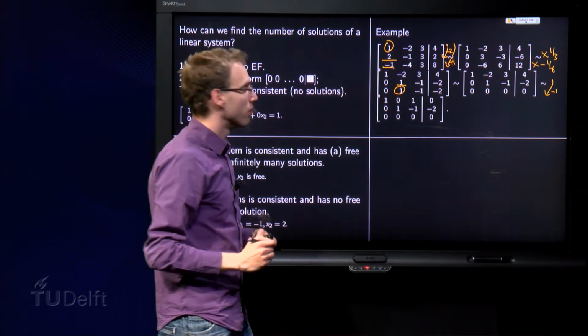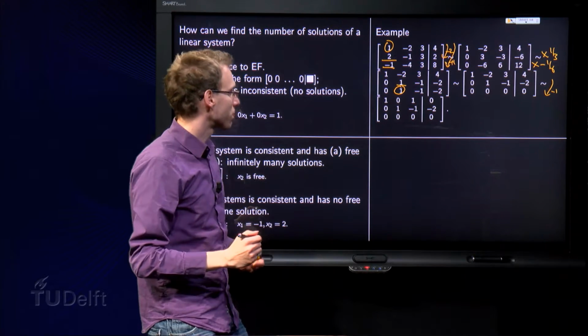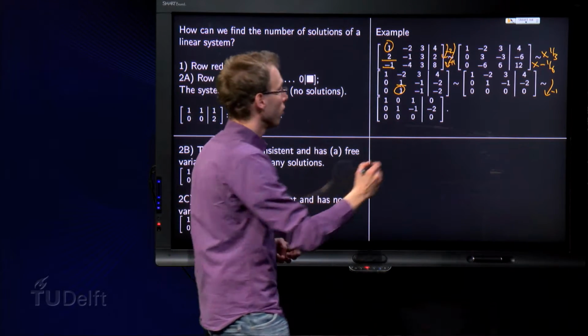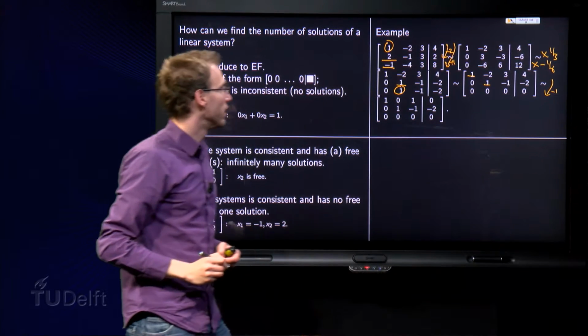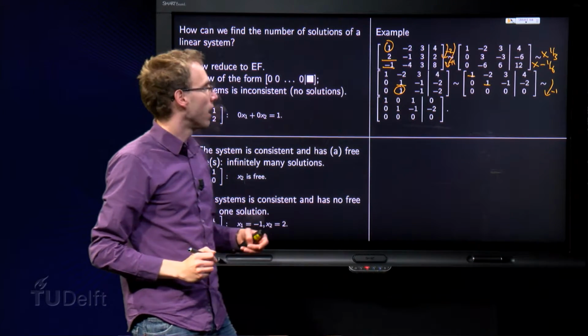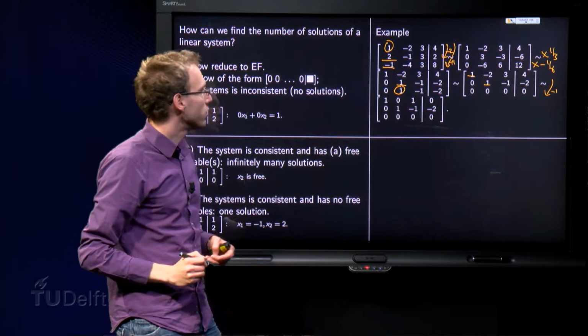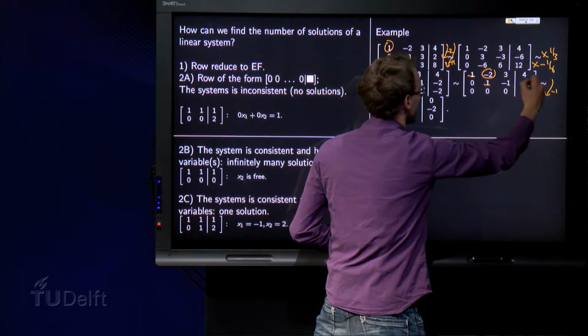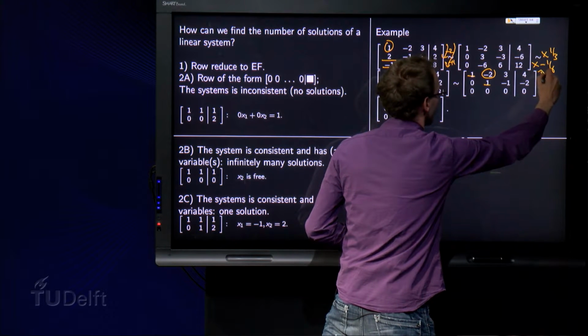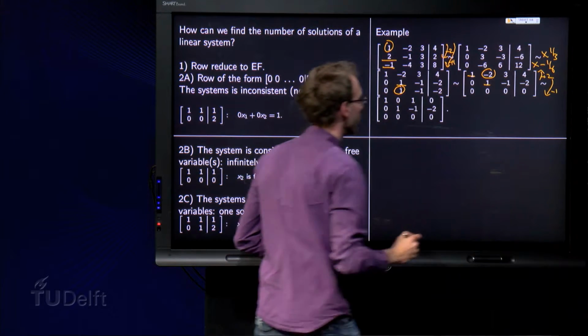And then we want to go to reduced echelon form. We are already in echelon form because the leading entries are to the right of each other. Now, how do we get reduced echelon form? By making a 0 here as well, by adding it 2 times over here.